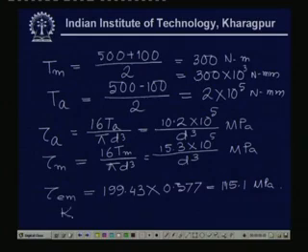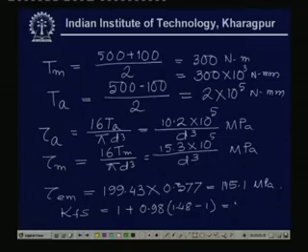Similarly, you can have the fatigue stress concentration factor KFS, S stands for the shear. So, that is 1.98 into (1.48 minus 1), that comes out to be 1.47.